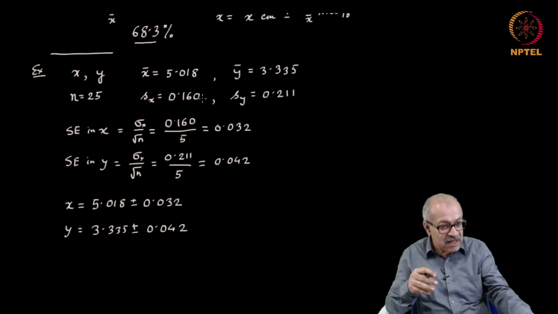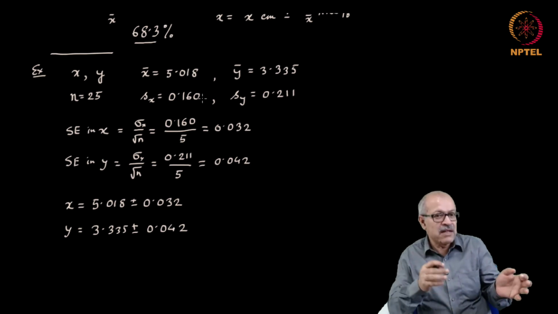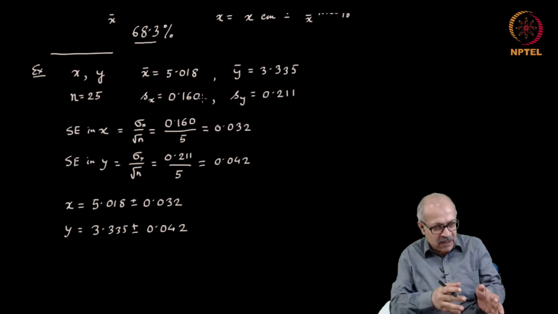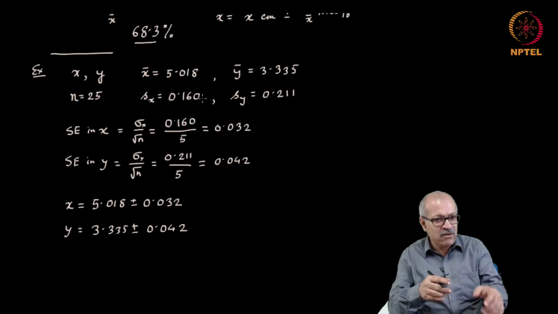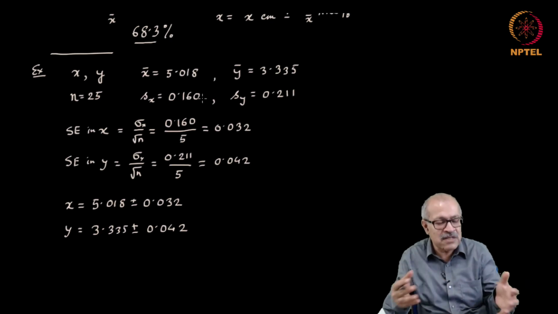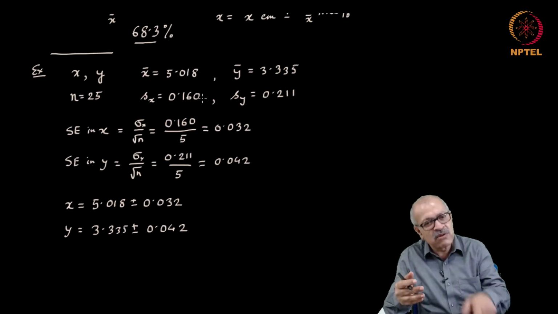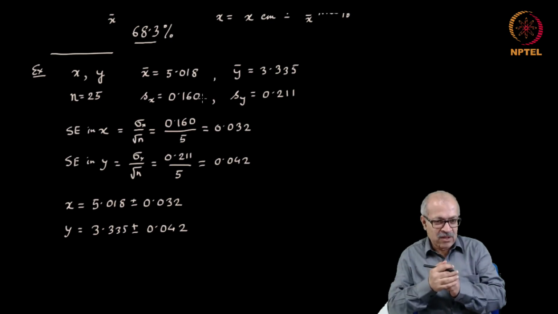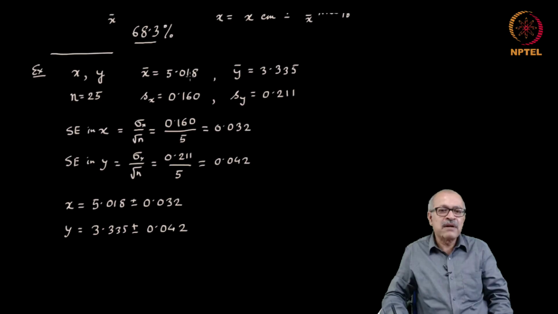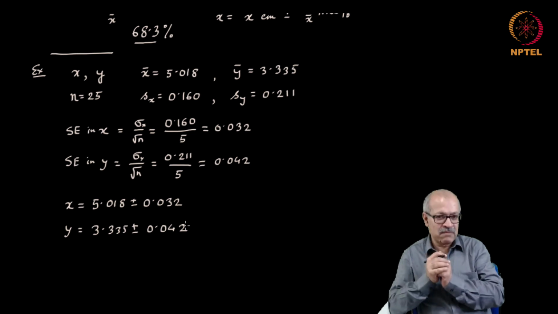But it will make no sense, because the measurement has been taken with some kind of apparatus which has a least count, and it makes no sense to specify something to a least count that is below that least count. So, if the measuring apparatus has an accuracy which is meaningful to the third decimal place, you should specify everything only up to third decimal place. There is no point going beyond that. That is why in this case I have expressed everything up to the third decimal place.